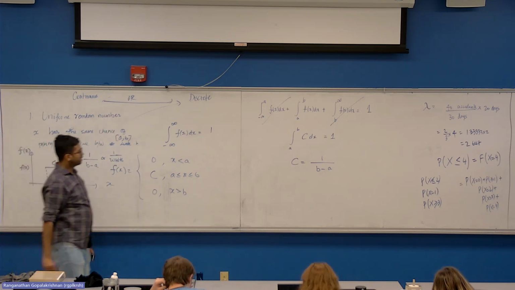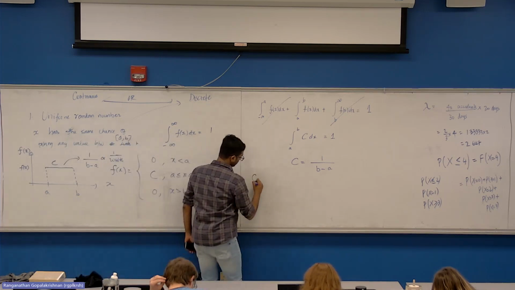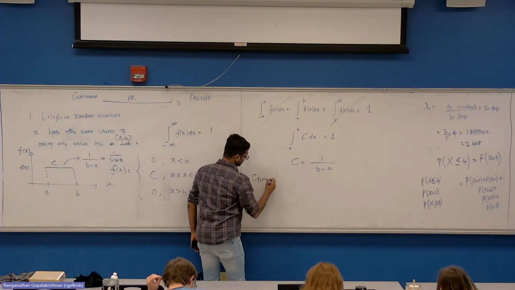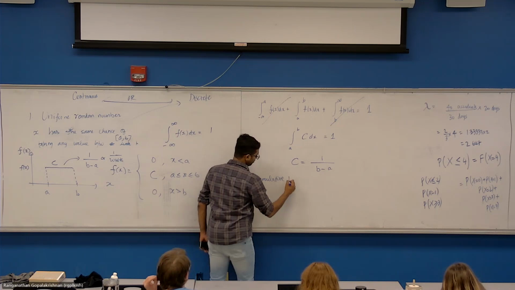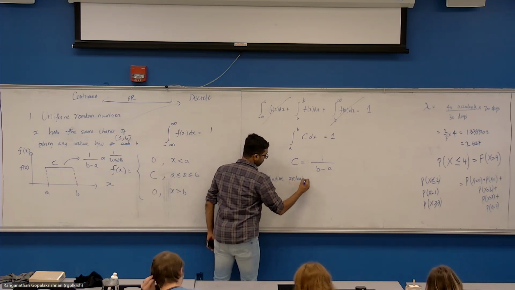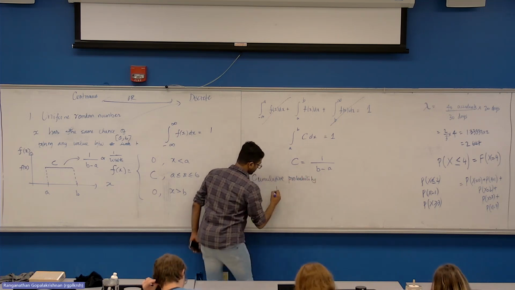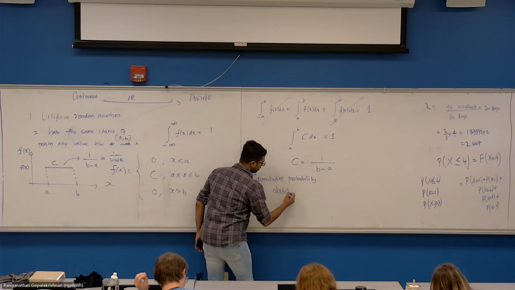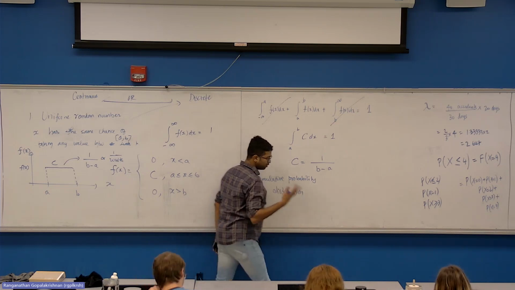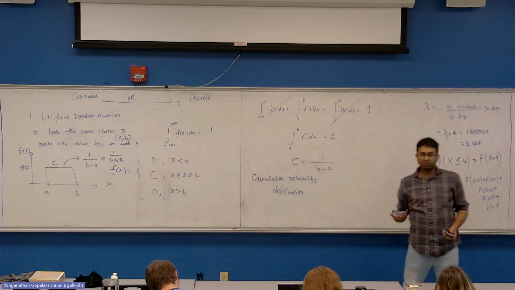Can you figure out what the cumulative probability distribution looks like? First of all, for a continuous random variable, what is the meaning of cumulative probability?